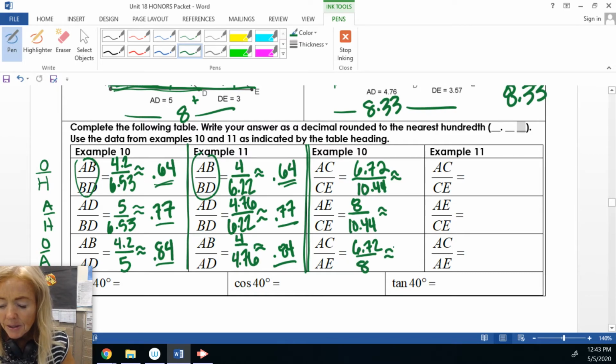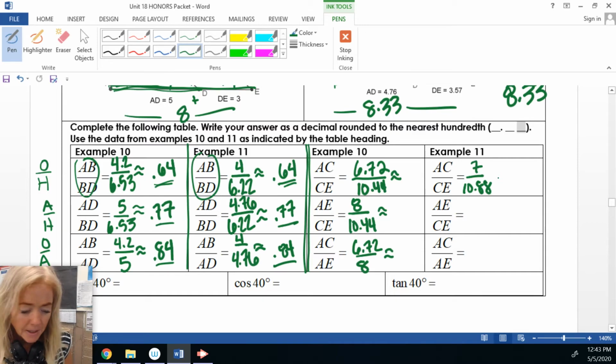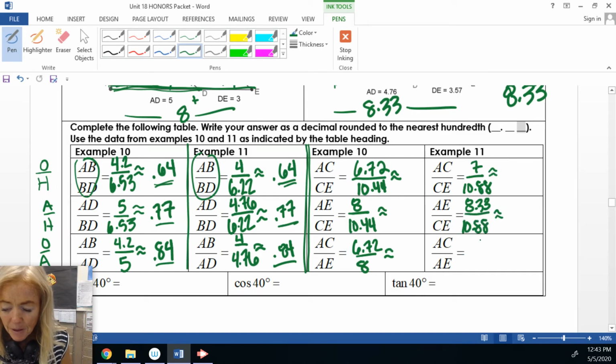Okay, I'm going to go ahead and do example 11 now, and then I'll plug them into the calculator. 7 over 10.88, and AE, that's the larger side, horizontal side on the example 11. So AE is 8.33 and 10.88, and we'll see what that's approximately. And then AC is 7 and AE is 8.33.